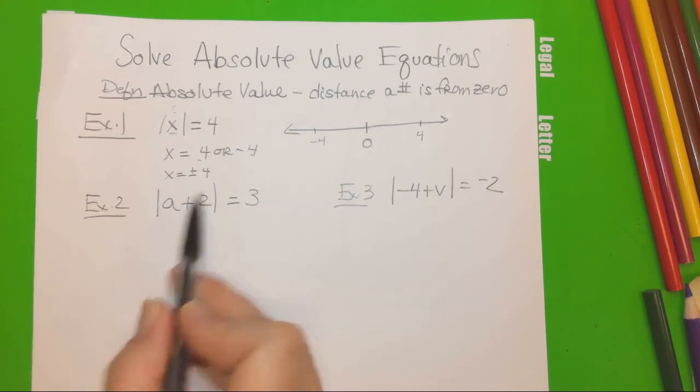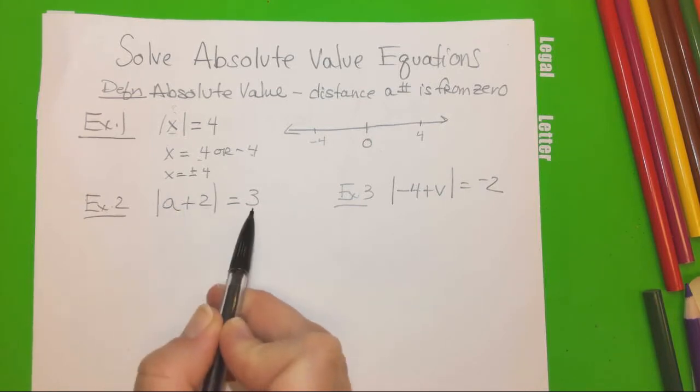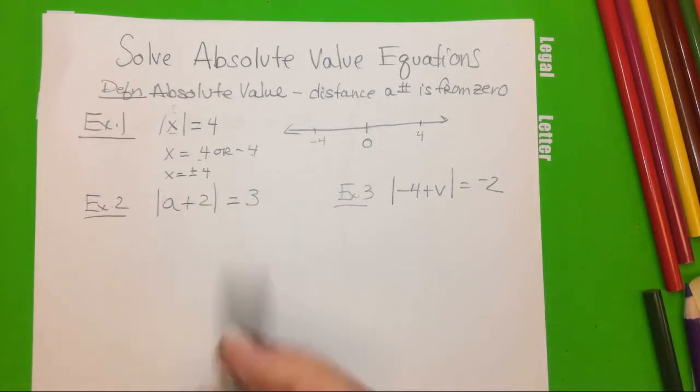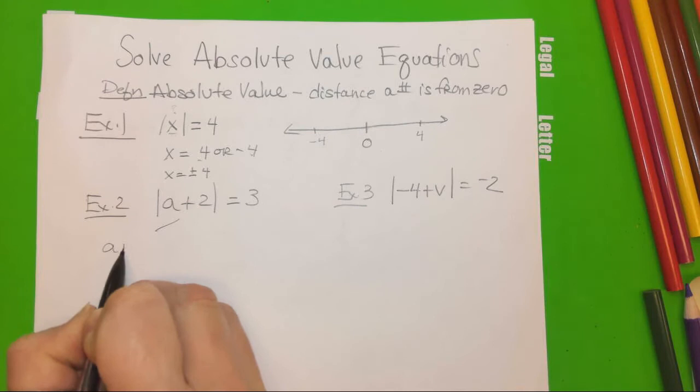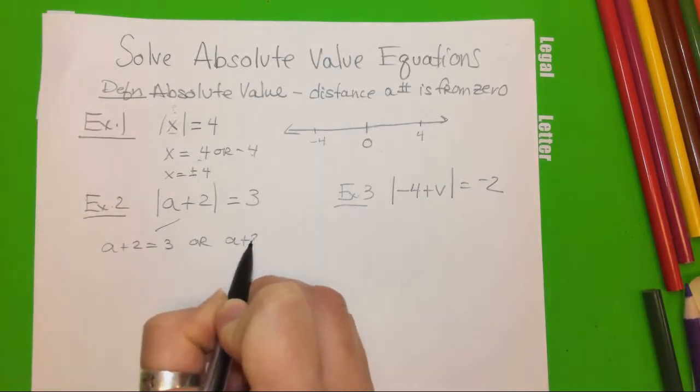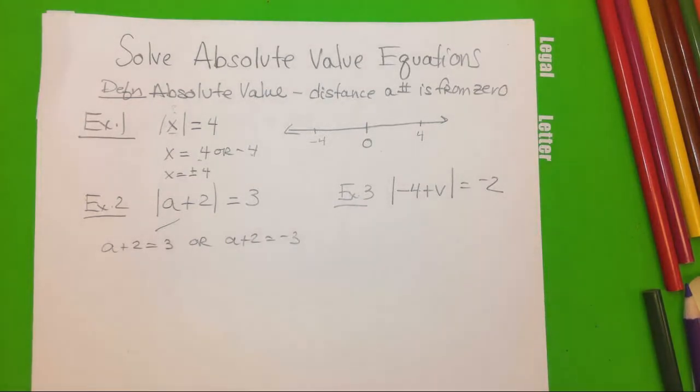So basically, if I have the absolute value of a plus 2 is equal to 3, well, I know the stuff inside there, that a plus 2 could be 3. So a plus 2 could equal 3, or a plus 2 could equal -3, because this could equal the opposite of that.